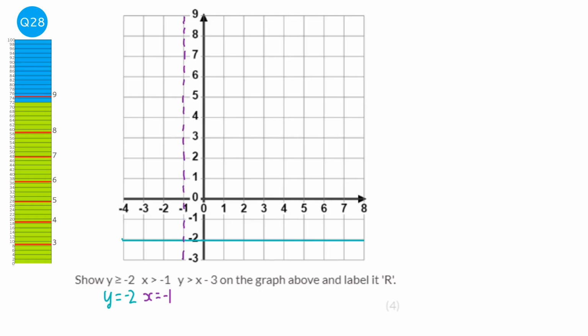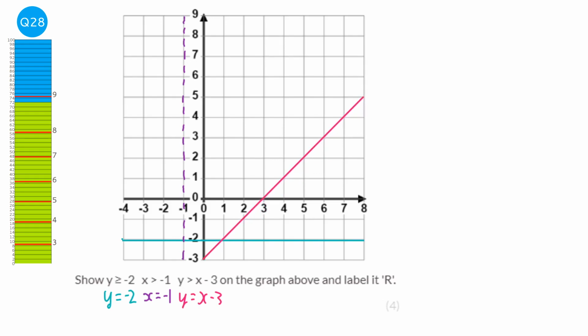So we're going to do a dash line here. Okay, the last graph is a little bit harder. I'm going to do y equals x minus 3. And it's going to be a perfectly diagonal line, but down to minus 3. So it's going to be this line here, about there.